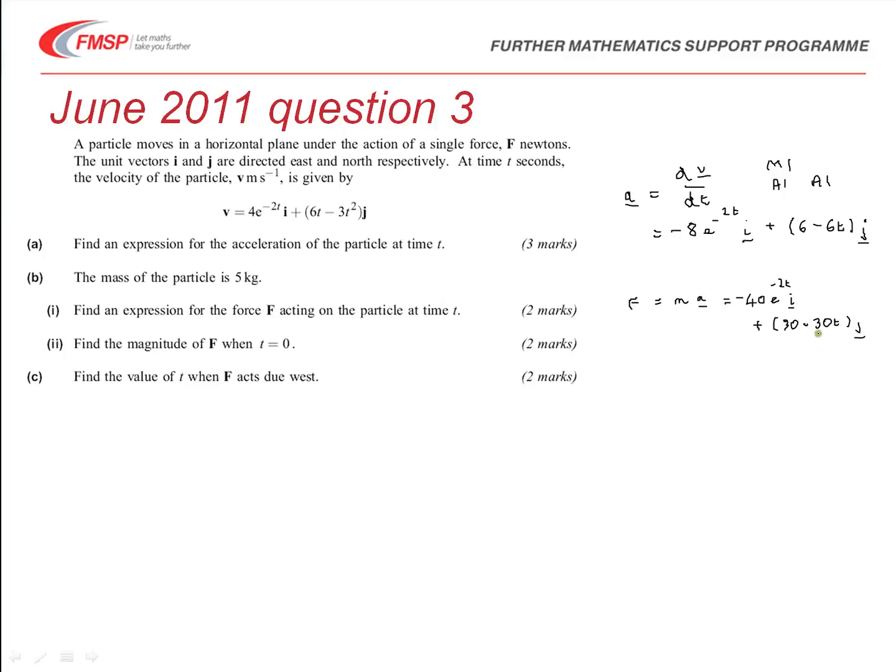So again, a method mark for realising you have to multiply the mass times the acceleration, and then an accuracy mark for getting the correct expression.